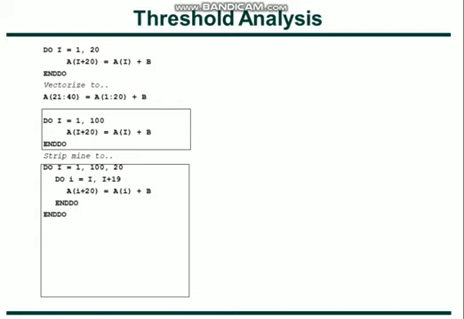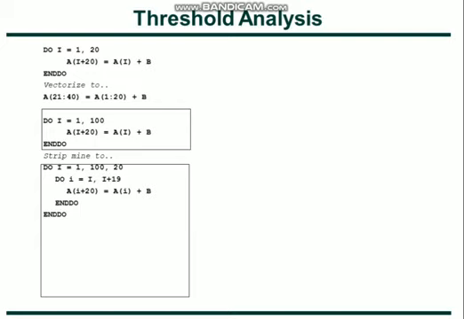If you look only at the statement inside the loop, irrespective of the definition of the do statement, the minimum and maximum value of I, then you will find that it has a dependence, because on the left hand side you have a of I plus 20 and on the right hand side you have a of I. In the first iteration a of 21 would be defined, and in the 21st iteration a of 21 would be used on the right hand side. So dependence is there.